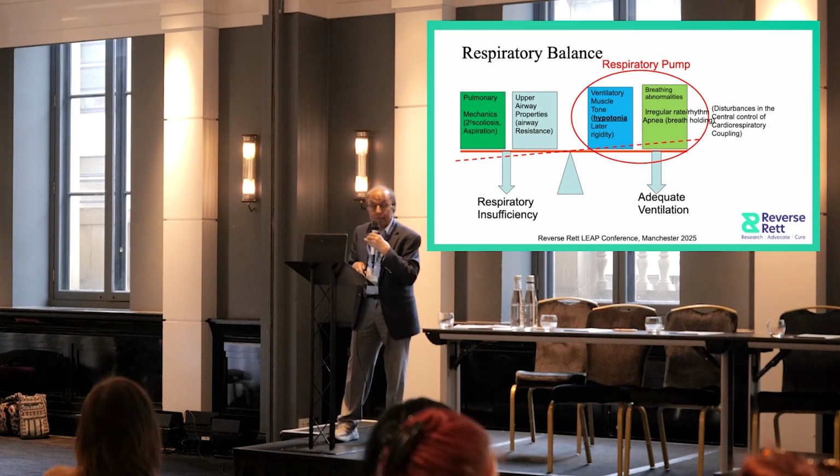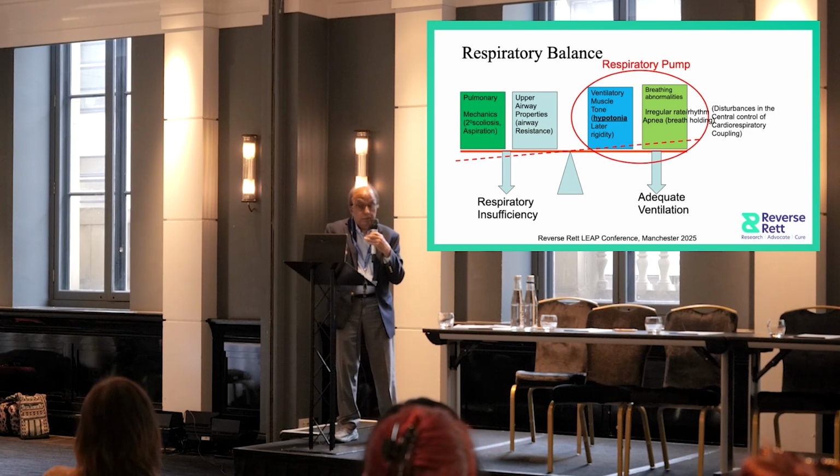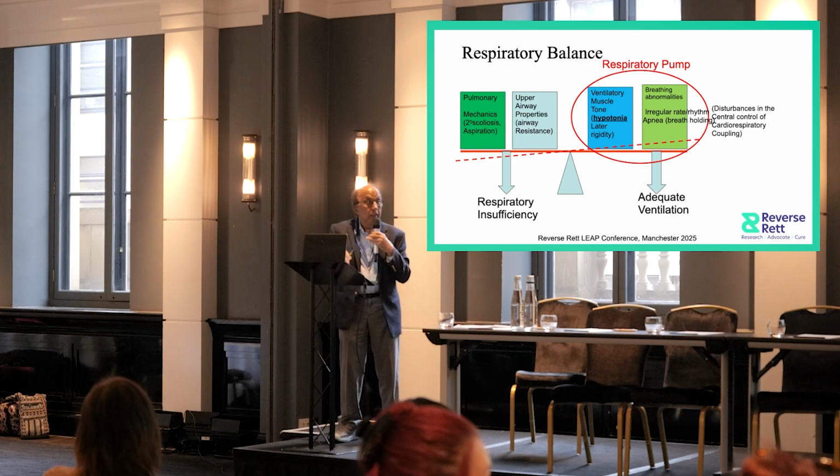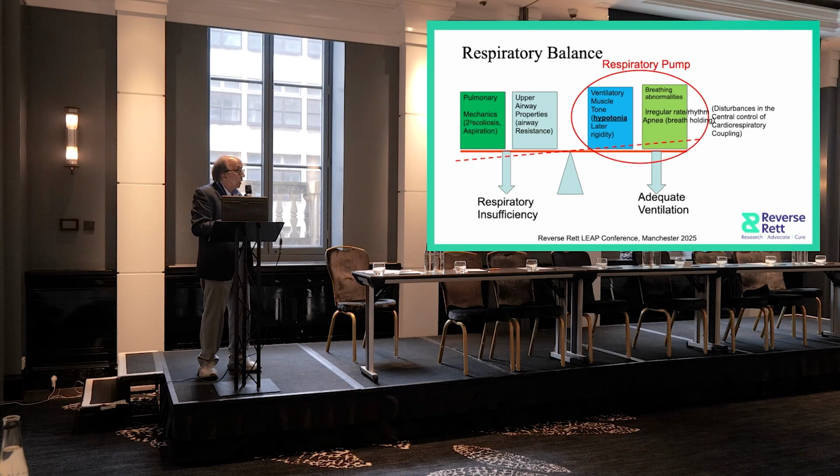And there's irregular breathing, all of which we'll be talking a little more about. Low tone will affect that too. And some patients, you'll see, become rigid later on. If that's the case, again, that's going to cause restriction to the expansion of the lung.